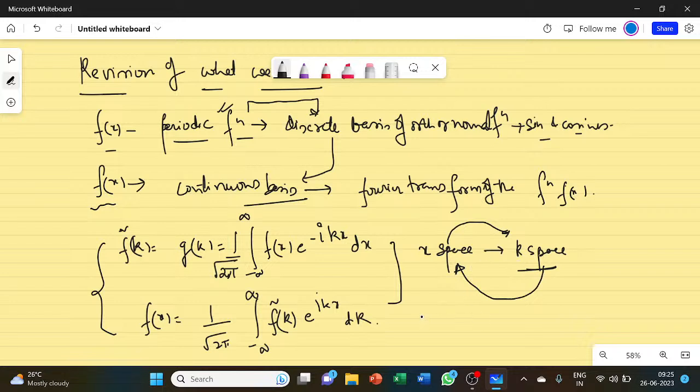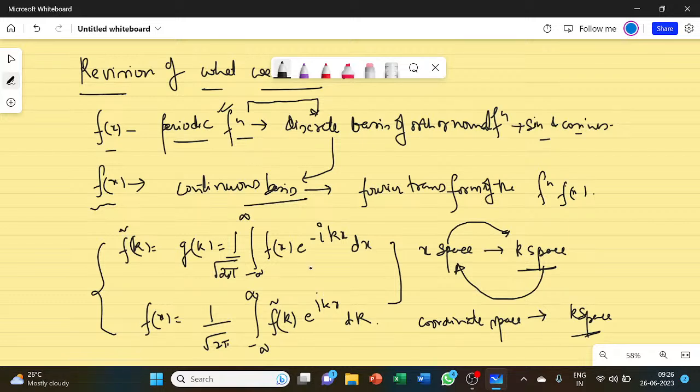So basically what you're doing, you're moving from a coordinate space to the k space. But when you are doing a Fourier transform, okay.